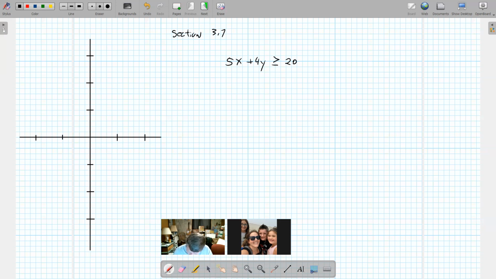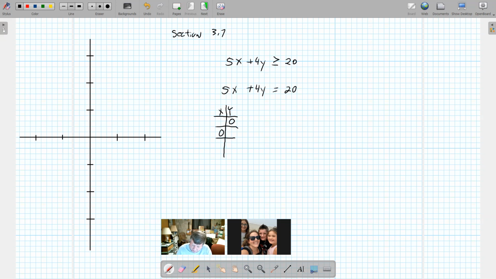Okay, first of all, we're going to consider the equation 5x plus 4y equals 20. And then we're going to find two ordered pairs that are solutions to that equation. We don't always have to do this, but using the x and y intercepts is often a good set of choices.